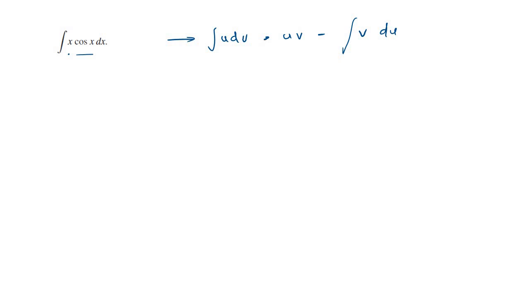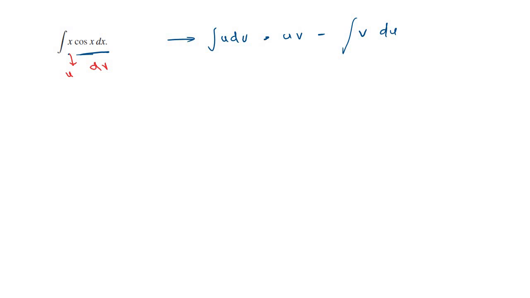The simple rule is to use x as u, so that when you differentiate x, the power reduces. You use a function like that as u, and the other function, the entire remaining function, as dv. I'll show you why that is important.